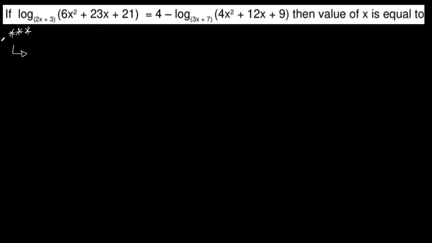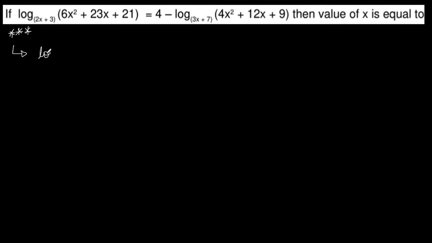So the trick is that 6x square plus 23x plus 21 is nothing but 2x plus 3 into 3x plus 7. If you see it, sum of the root is this, okay.